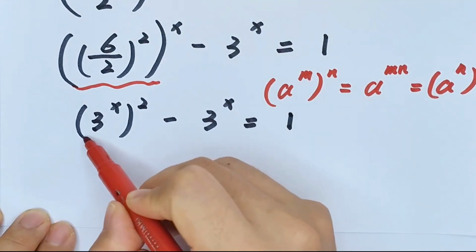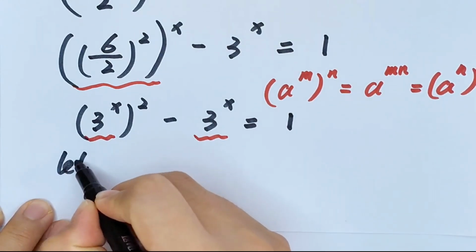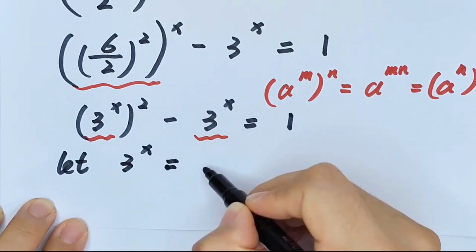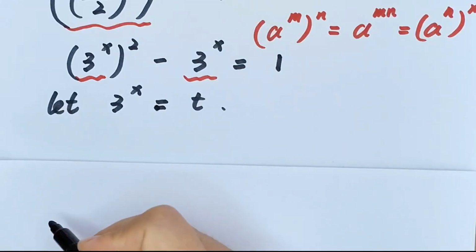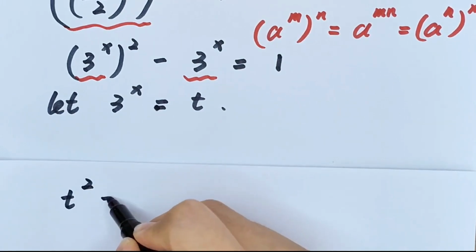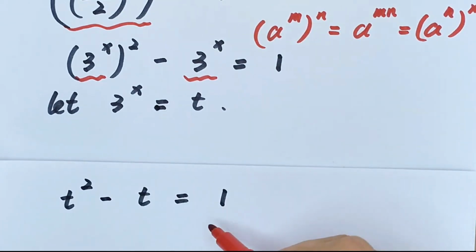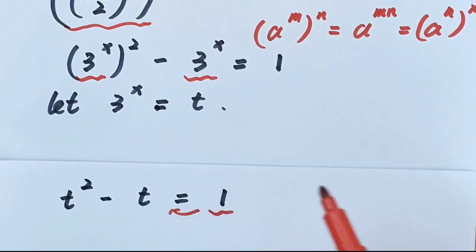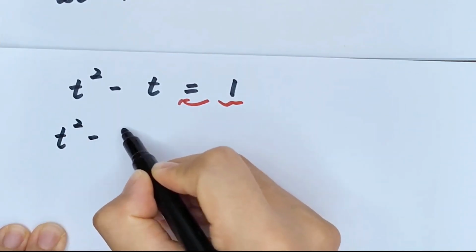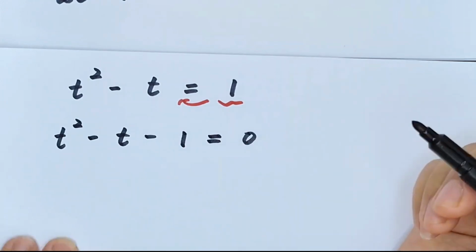Now 3 to the power of x is common, so we let 3 to the power of x equals t. So our equation will be t squared minus t equals 1. Then we take this to the left side, so t squared minus t minus 1 equals 0.